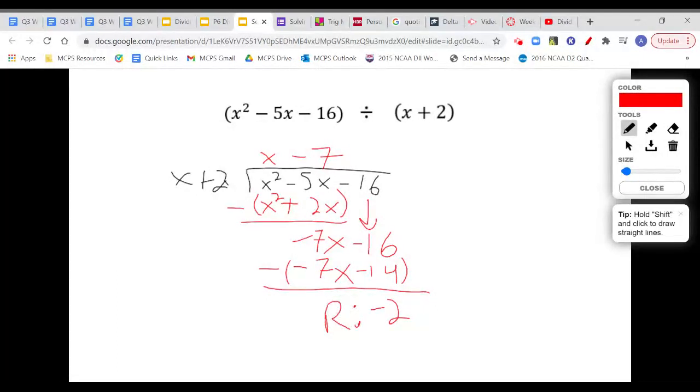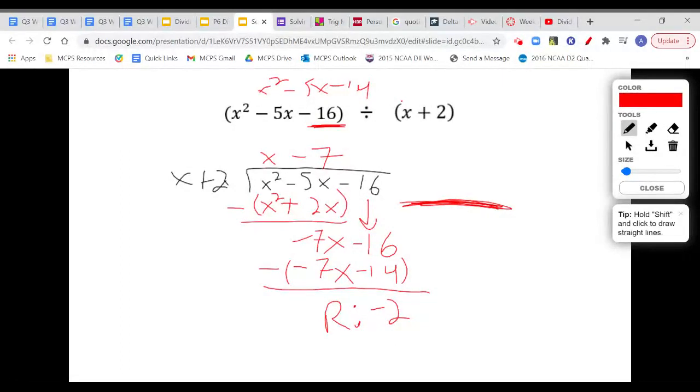The reason I know that I'm at the point with my remainder is because, again, there's nothing left here to drag down. So my remainder is -2, which basically means that, if I had had x squared minus 5x minus 14 here, like I did originally, then my answer would have been x plus 7. But I don't have minus 14, I have minus 16, which is like an addition of -2, right?